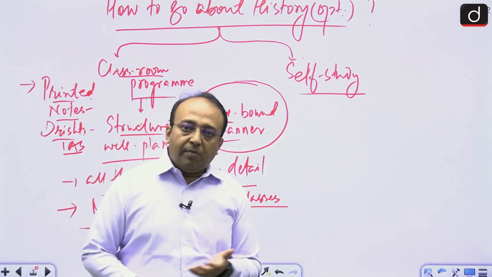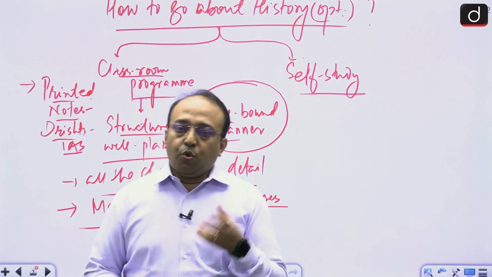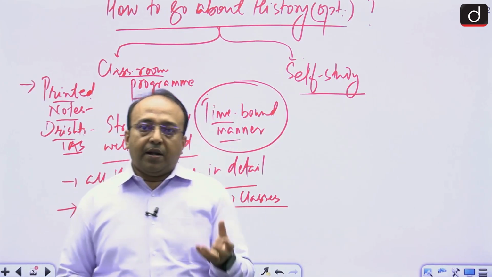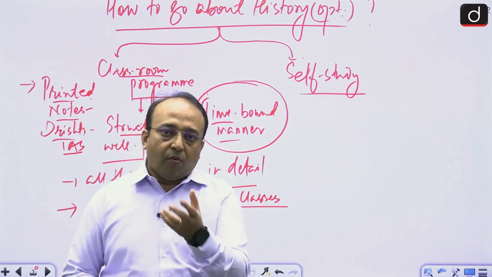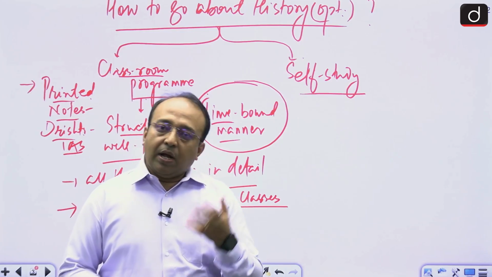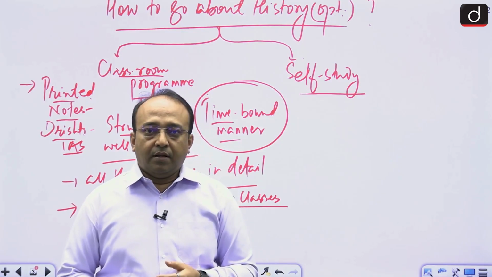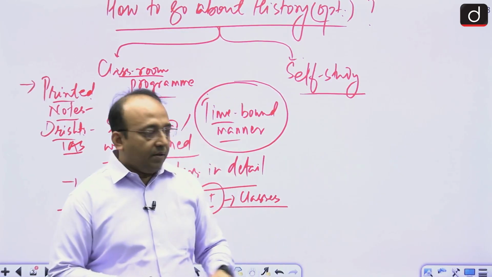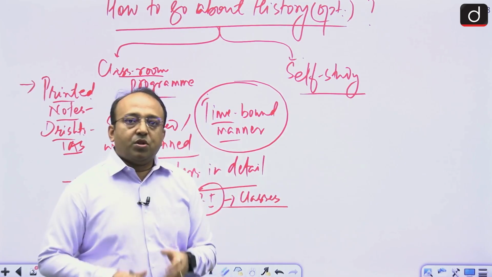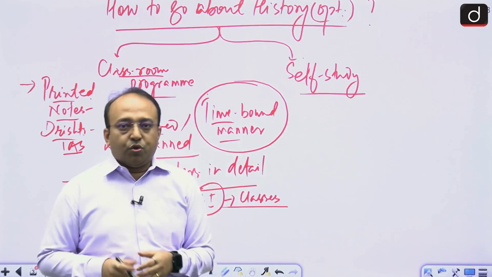Fundamentally, to prepare only one segment, let us say ancient, medieval or modern India, you at least have to go through 5 or 6 books. Let us talk about the books as well, because some of you might be interested only in knowing the books.